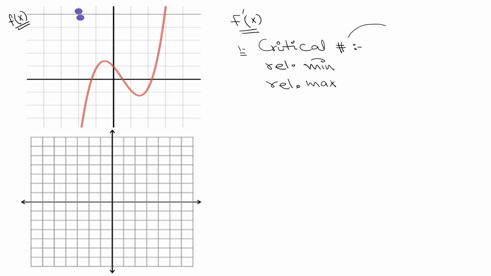Now, what happens at the critical numbers? At critical numbers, either the first derivative is equal to 0 or the first derivative is undefined. So if the first derivative is 0, it means we are going to have a relative maximum with a smooth curve or a relative minimum with a smooth curve. But in case of an undefined derivative, we are going to have sharp turns where the slope of the tangent line is undefined.